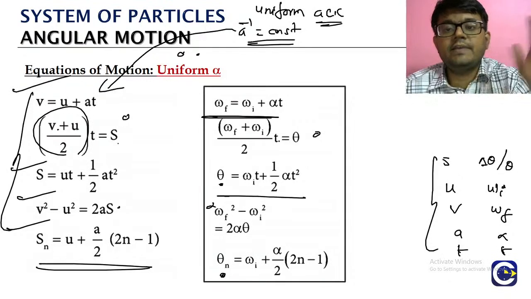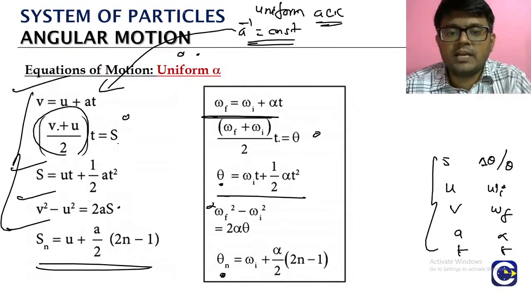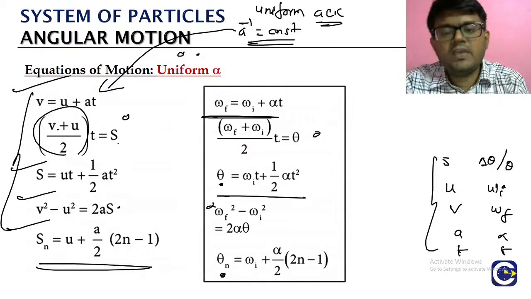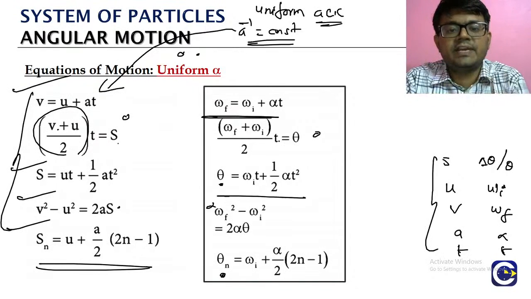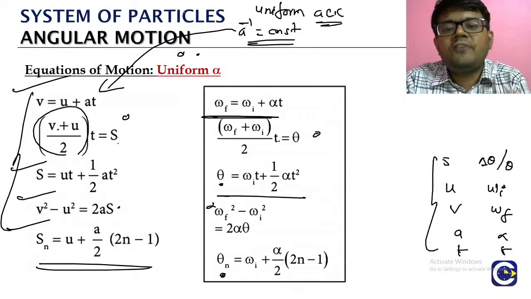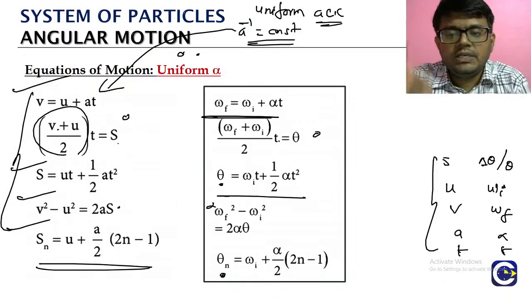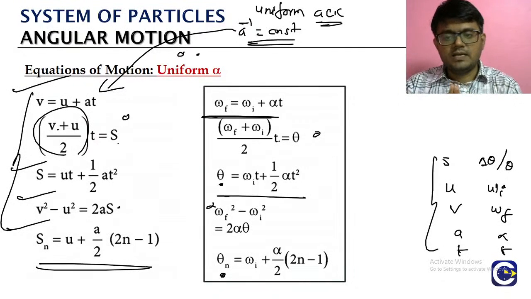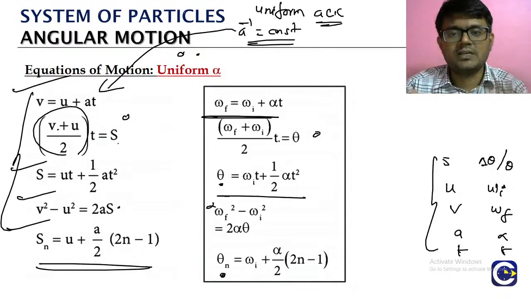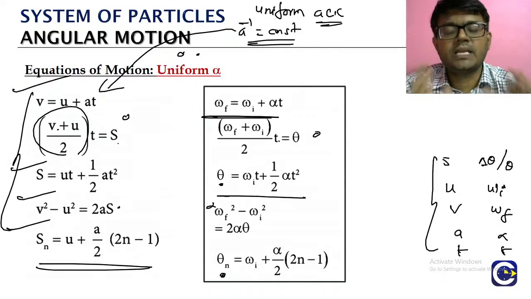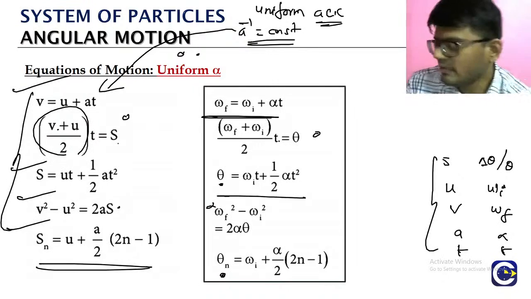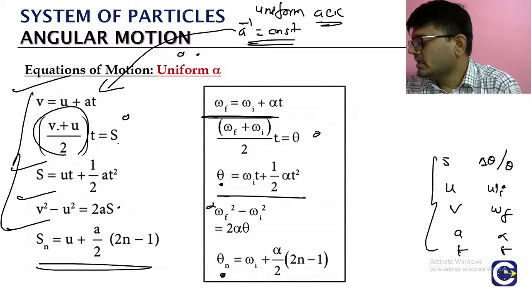Like when the acceleration is uniform we can use those equations, same way here also, when alpha is constant for circular motion, we can use the equations of motion. These are exactly analogous. Analogous means whichever term appears there, the equivalent term appears here in the formula. So all these are called the equations of motion for the circular motion.